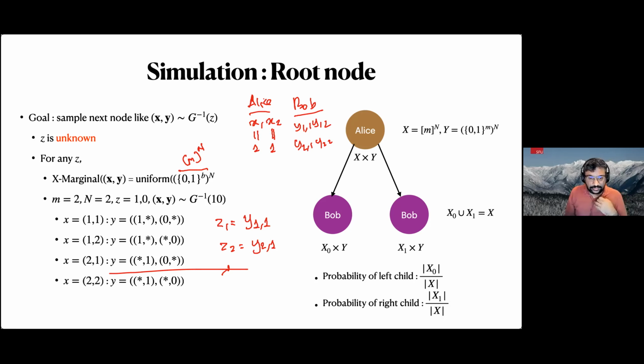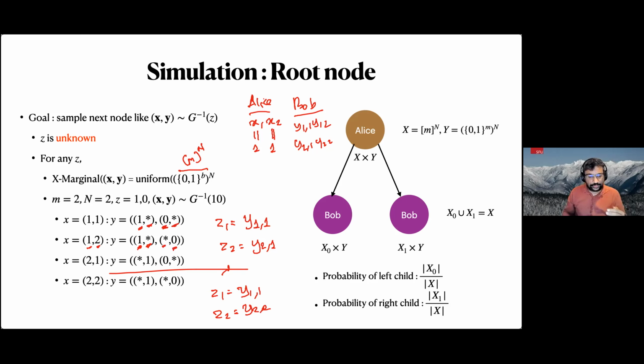Because we have fixed Z to be 1, 0, this bit has to be 1, the next bit could be anything, and this bit has to be 0, the next bit could be anything. Similarly, when we set X to be 1, 2, then Z1 is again Y11, but Z2 is Y22. So this bit has to be fixed to 1, these can be anything, and this has to be 0.